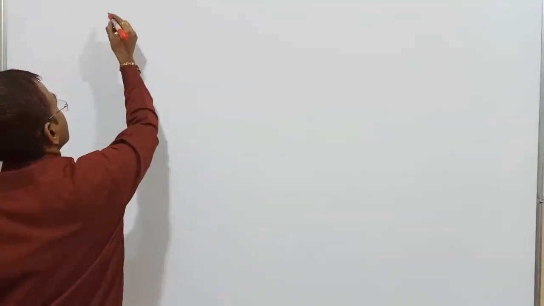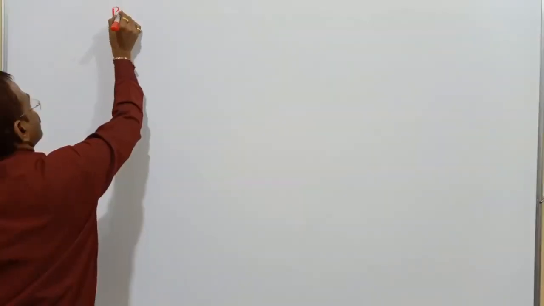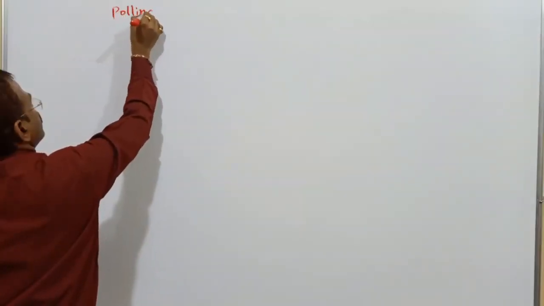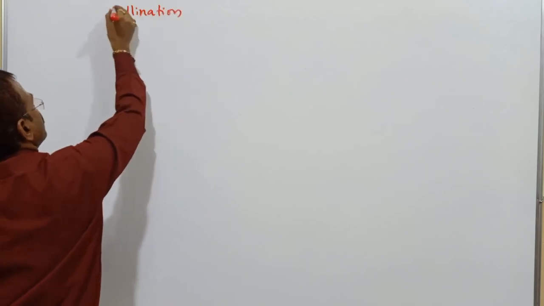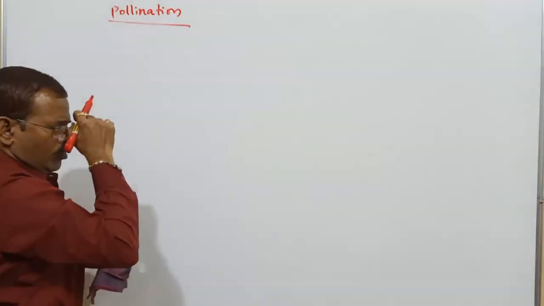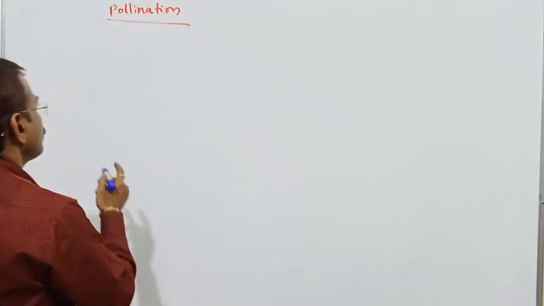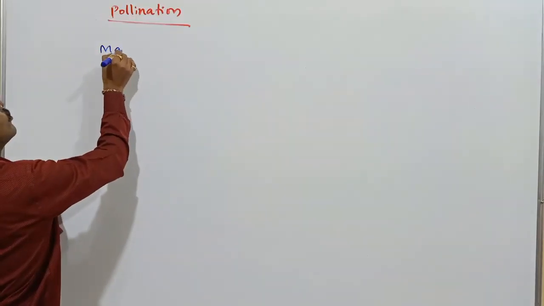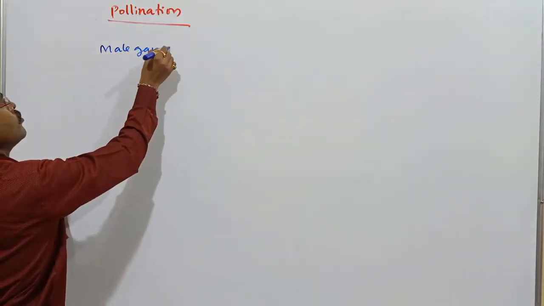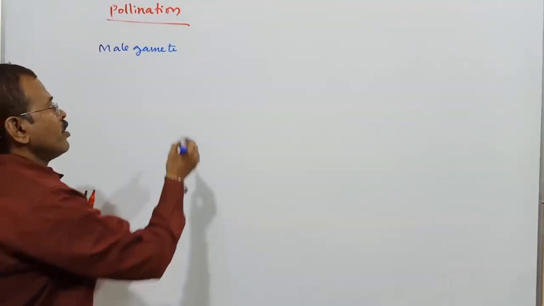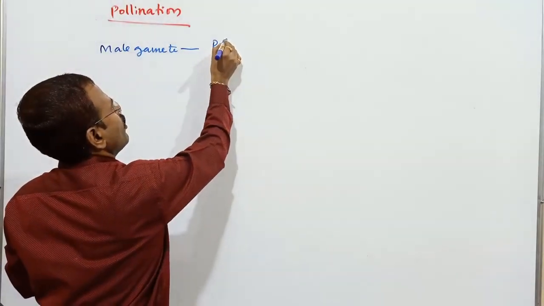Now moving on to the next concept. Pollination. In case of flowering plants, in angiosperms, the male gamete is produced by the pollen grain.